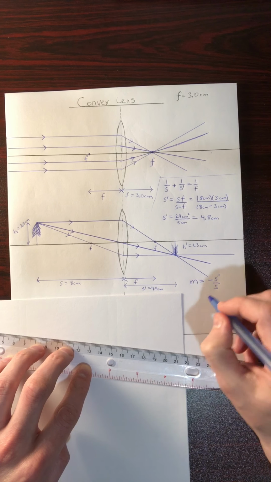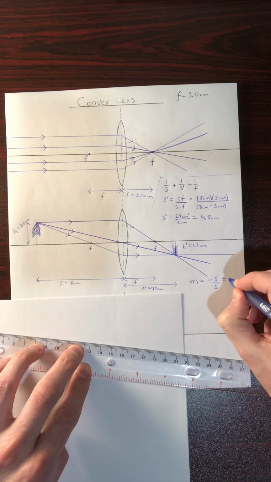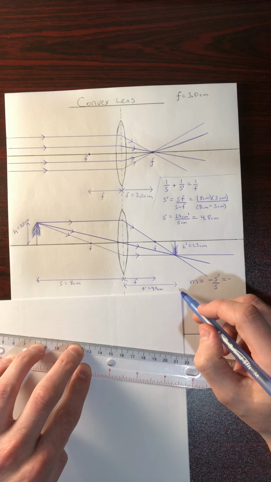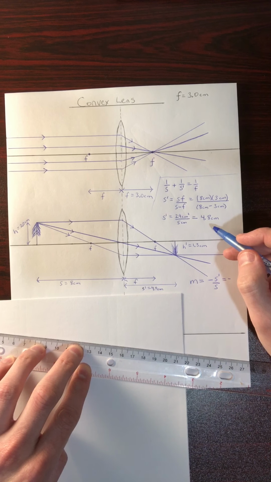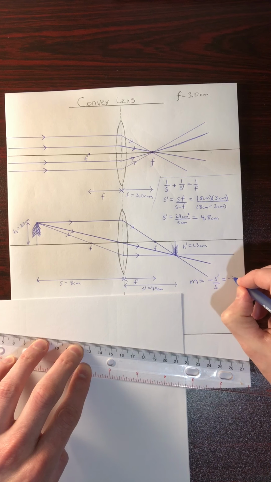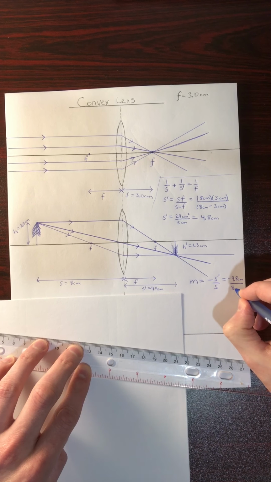In our case, we have an s primed of 4.8 centimeters over our original s, which is 8.0 centimeters.